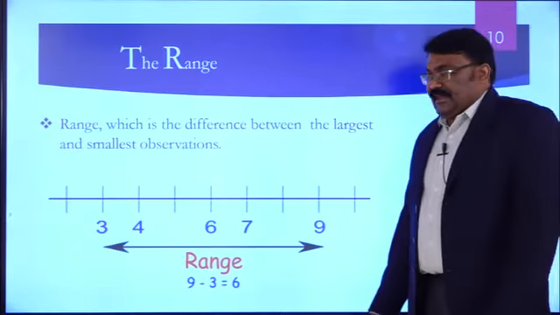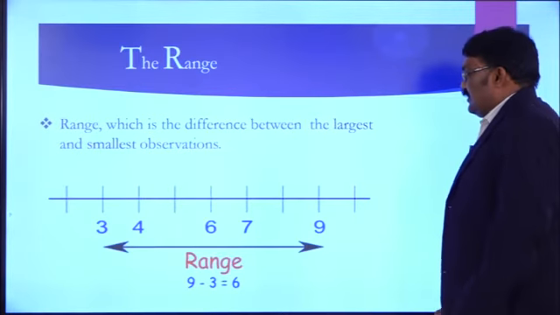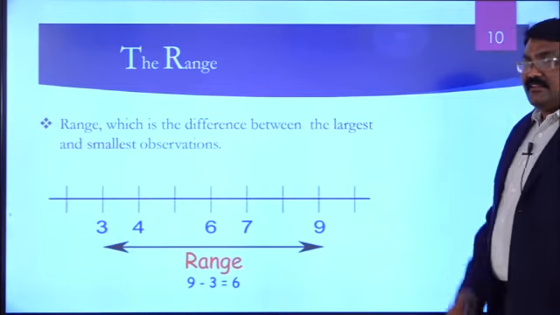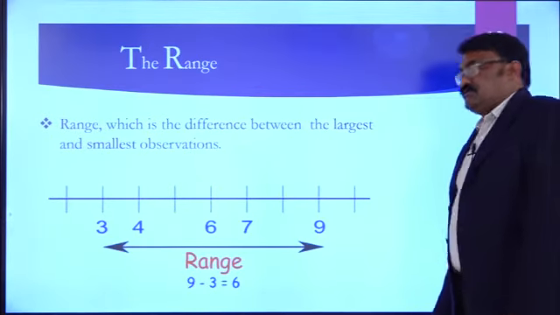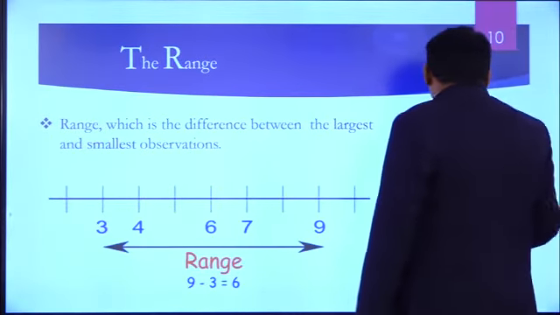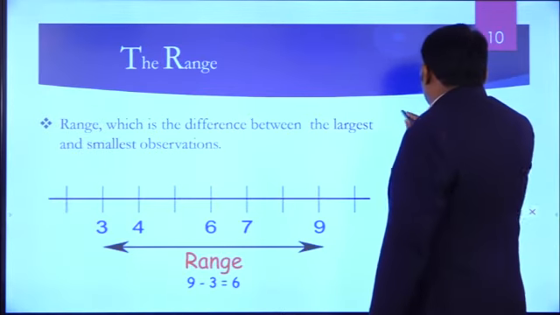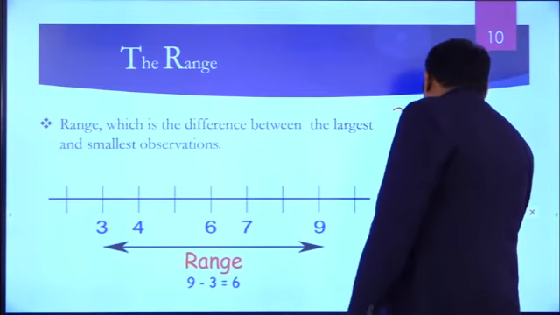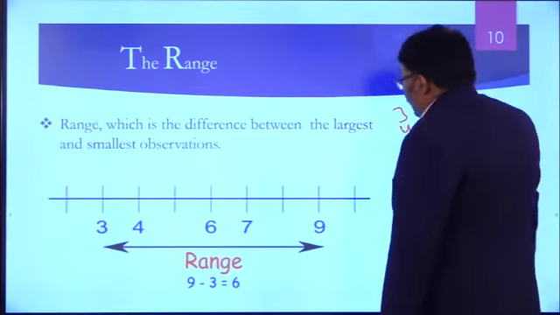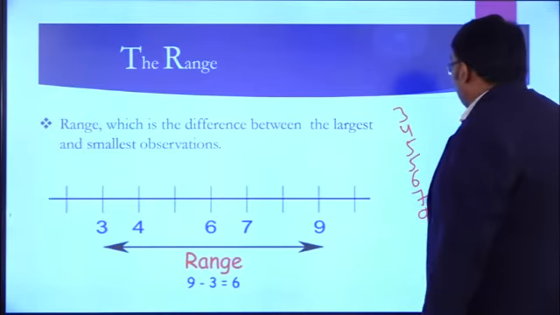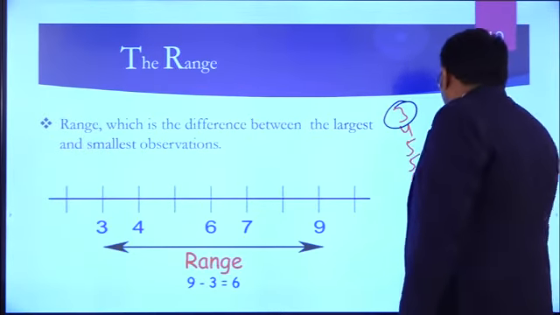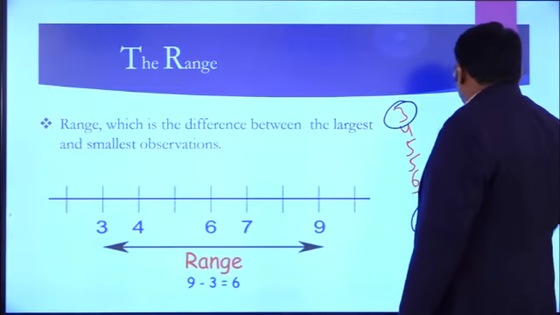Next, the range. As we have seen previously, the range is the difference between the largest and the smallest observation. We take the previous example, 3, 4, 5, 5, 6, but here we also have 7 and 9, assume it. Now 3 is the lowest value and 9 is the highest value.